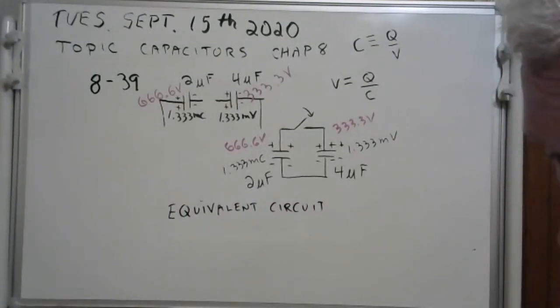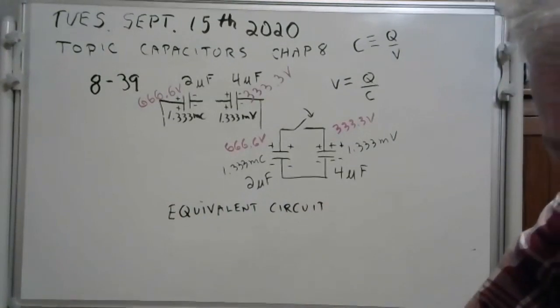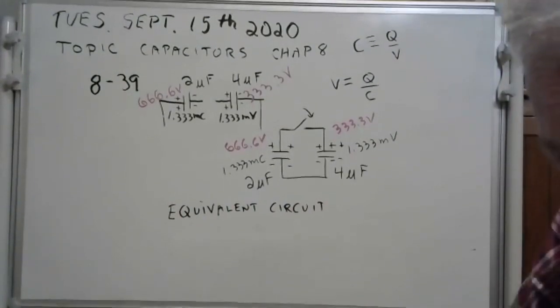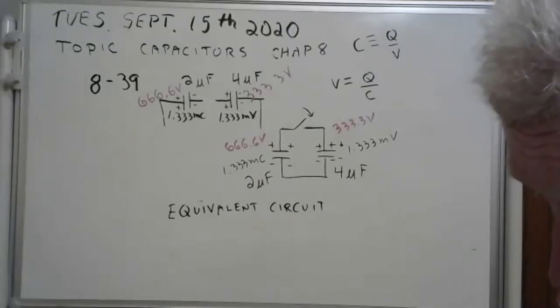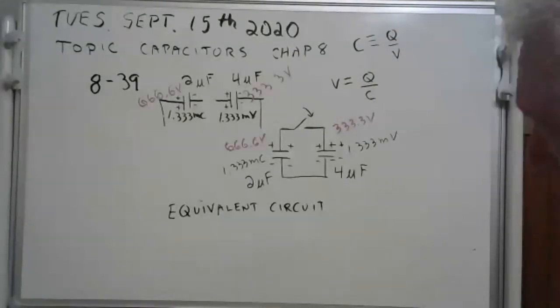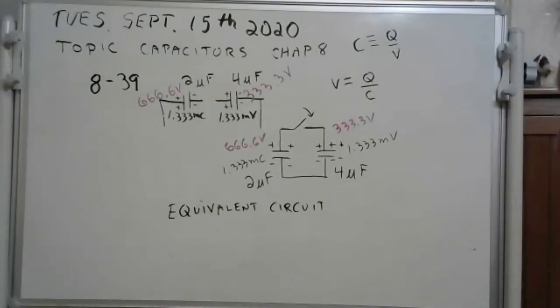Don't you want to make an equivalent circuit? Isn't that the dirty little secret? You're supposed to say, yes, Mr. Griffin. Well, that's what you do. You make an equivalent circuit.